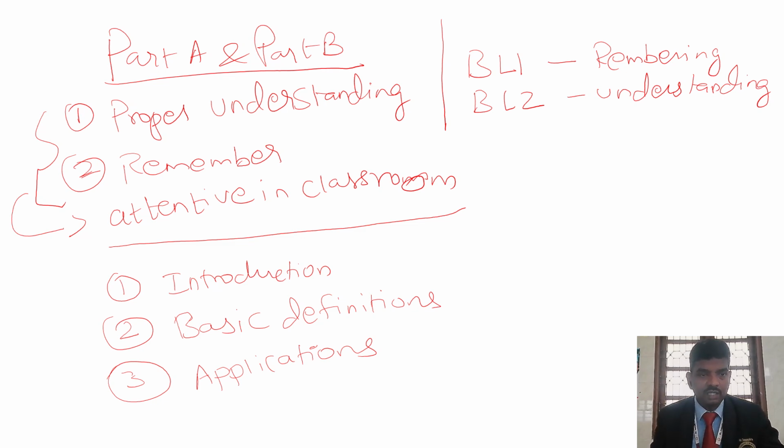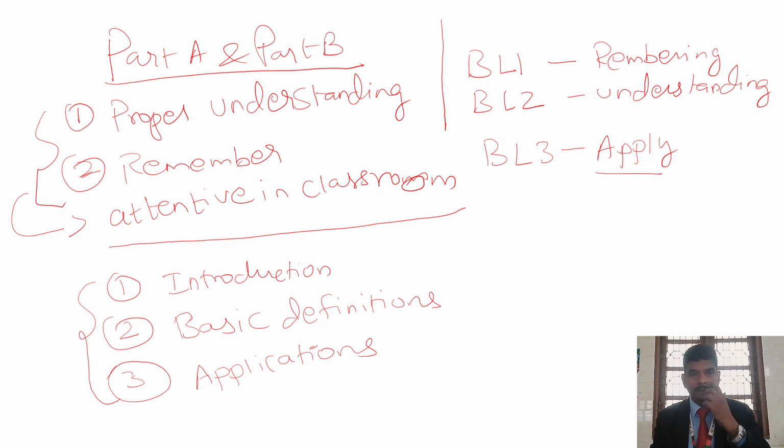In application, it won't come under BL3. Actually, we know that BL3 is application, but it won't come to that applied level. For example, name the application: what are the applications of Hall effect?